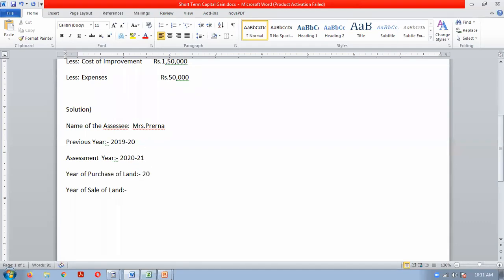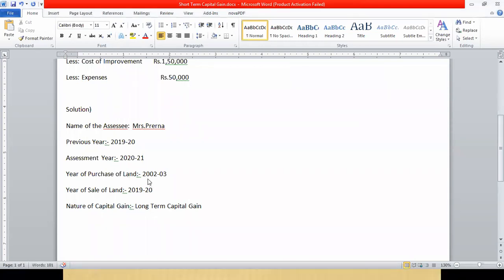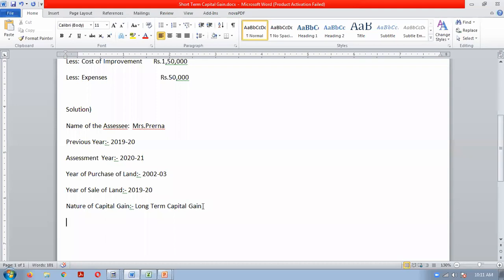So year of purchase is 2002-3 and year of sale is 2019-20. So nature of capital gain, it is long term capital gain. Why is it long term? Because it is more than 24 months. Period of holding is more than 24 months.